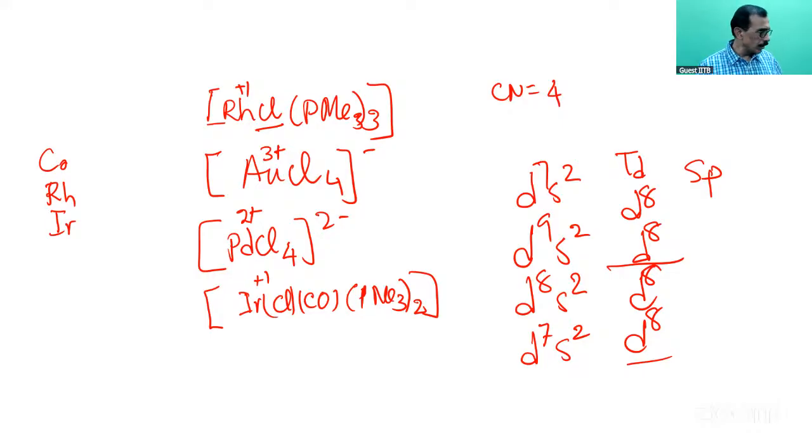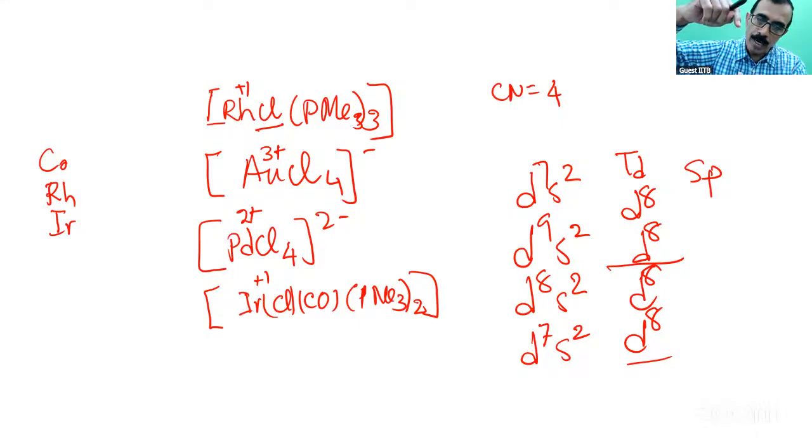You thought it is tetrahedral, right? No. This question already came in the assignment. Since all of them have D8 system, all have square planar geometry. If you start writing crystal field splitting, the dz square orbital has 2 electrons.